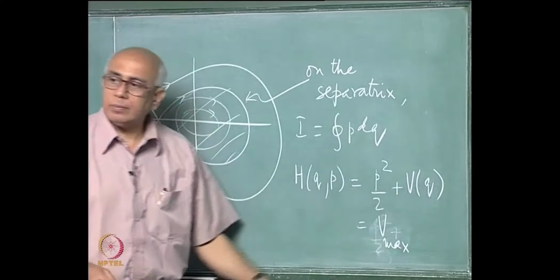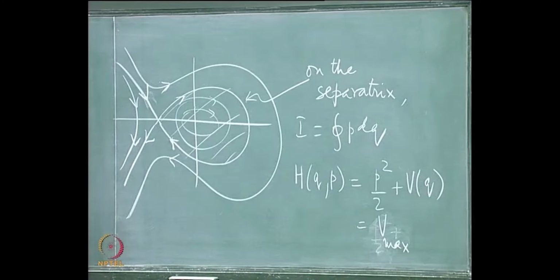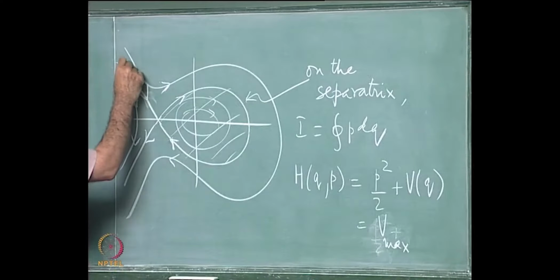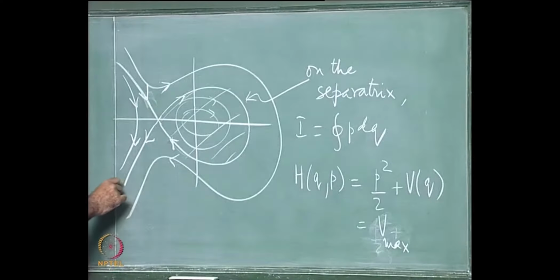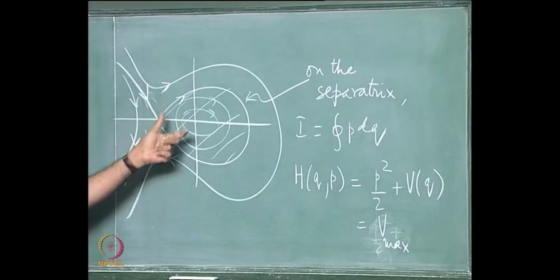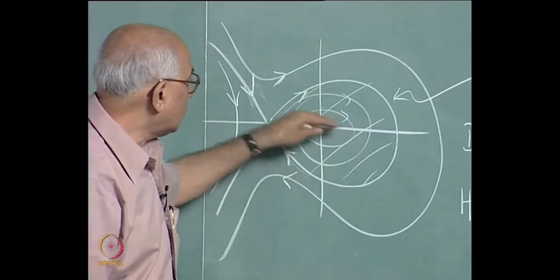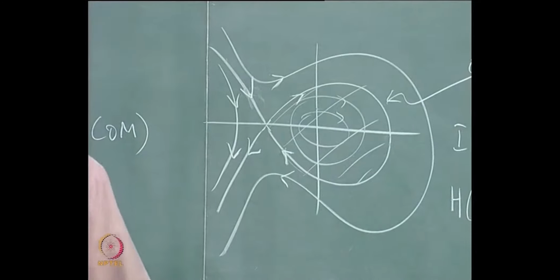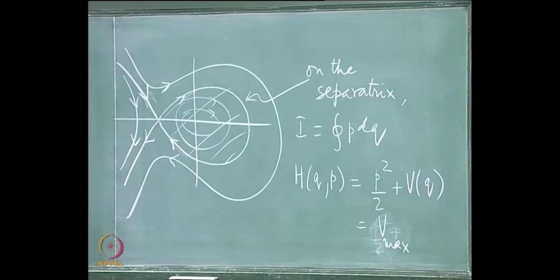This V of q itself was some kind of crazy cubic curve, and that curve, if you plot for this particular value of V max, would actually represent this full curve here, but what we are interested in is this lobe here, the homoclinic orbit, and you simply have to compute the action on that, which is twice the area of whatever the area is in going from here to here. Okay. I do not recall what the exact answer to this is, but it is 6/5 or something like that, just the area p dq which you need to compute.